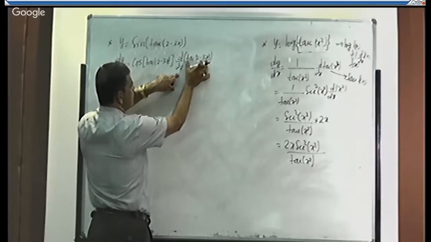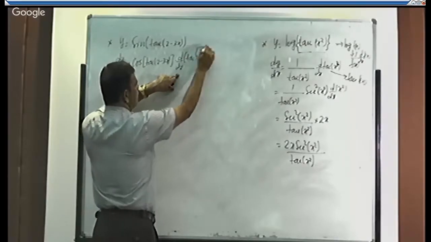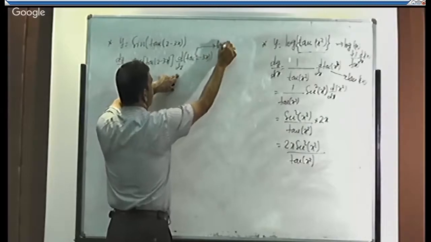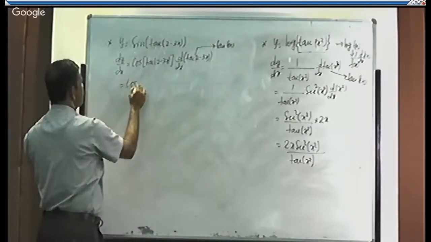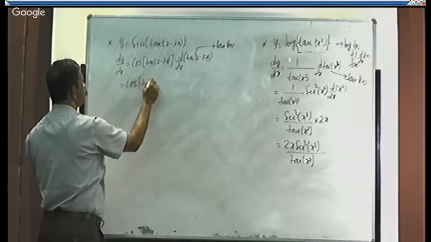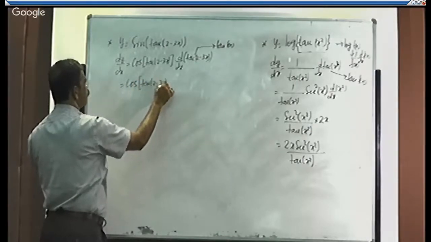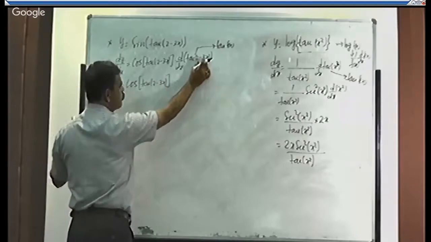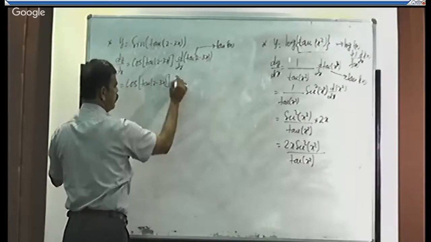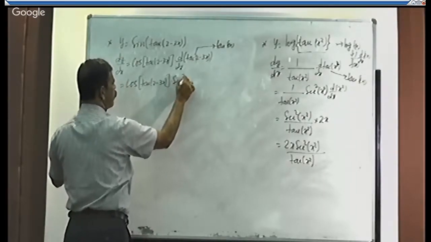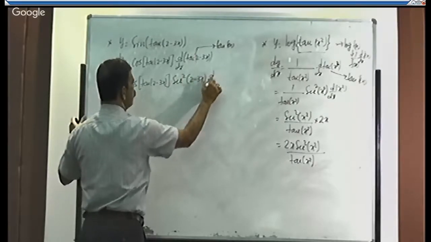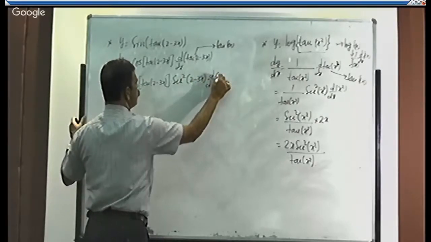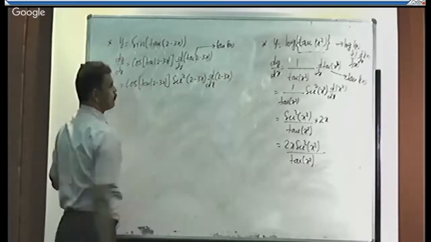It is treated as tan of function. Differentiation of tan x is secant square x, right? In place of x, we have the function. Take that function: secant square of 2 minus 3x into d by dx of 2 minus 3x.